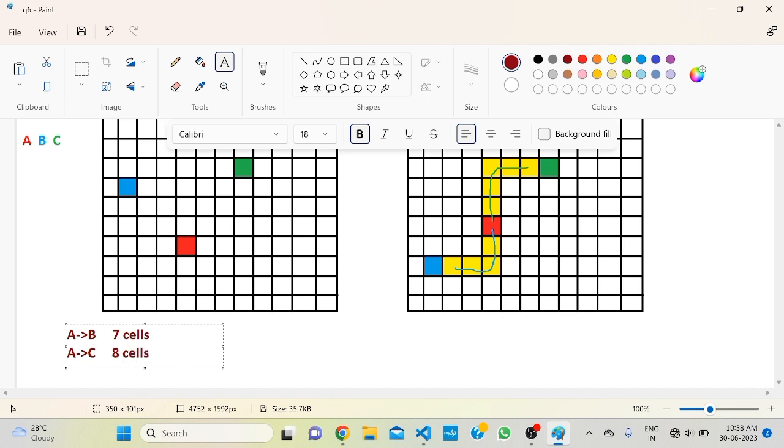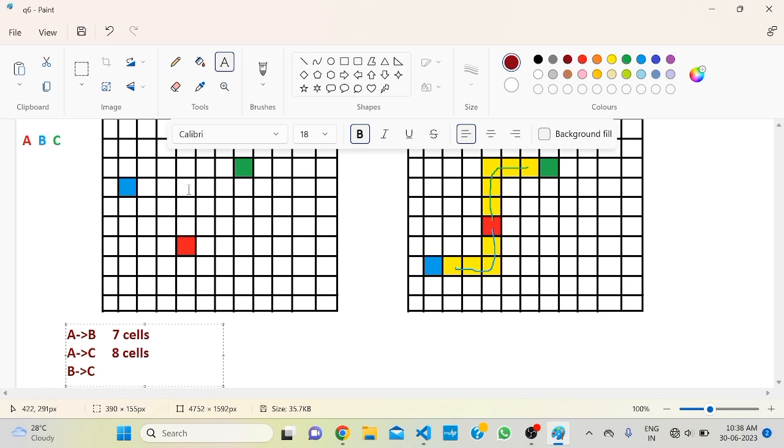And from B to C, how many cells are there?